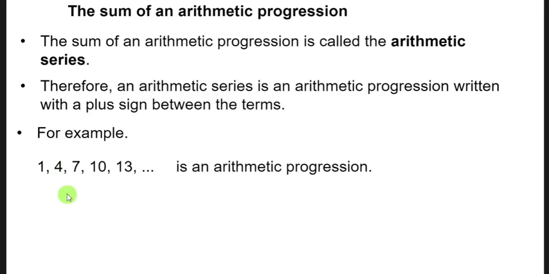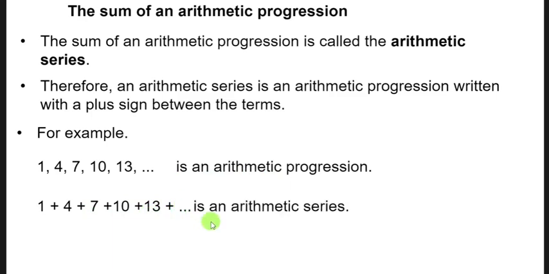If we decide to put a plus sign in between these terms, then this one no longer exists as an arithmetic progression, but comes as an arithmetic series. So this one is an arithmetic series, and it is the one we call the sum of an arithmetic progression.